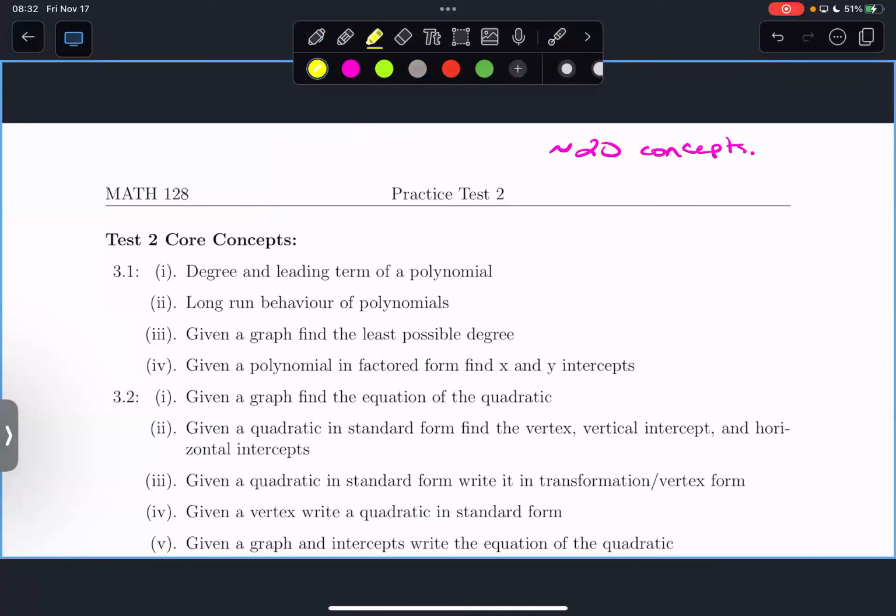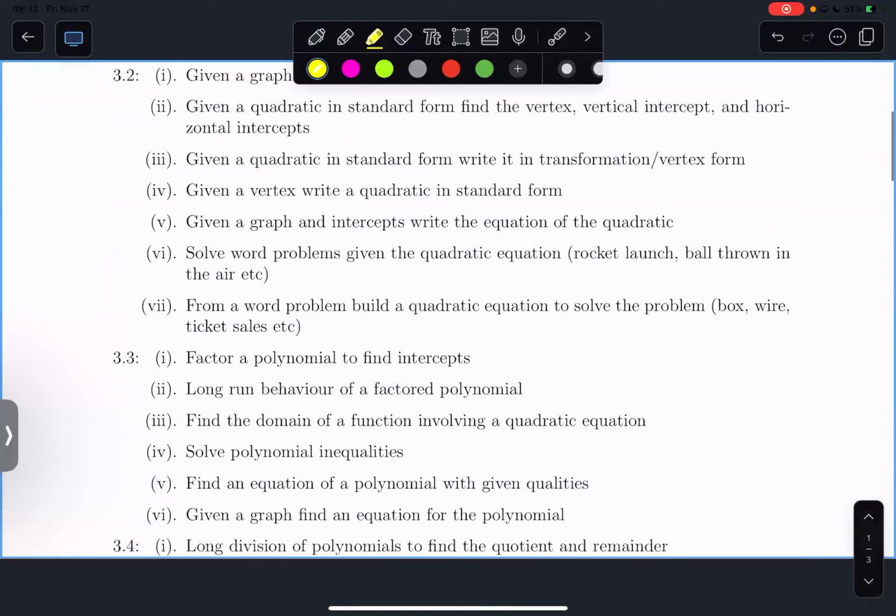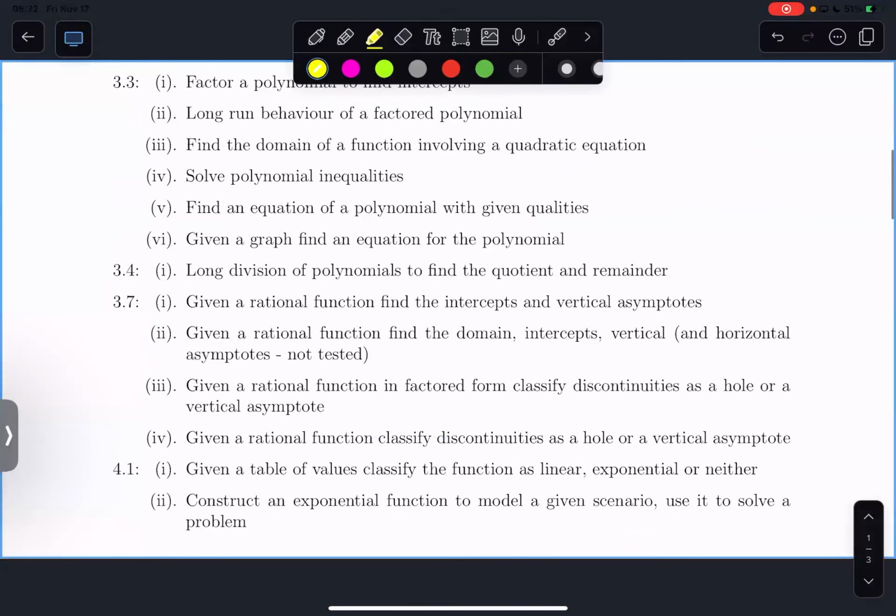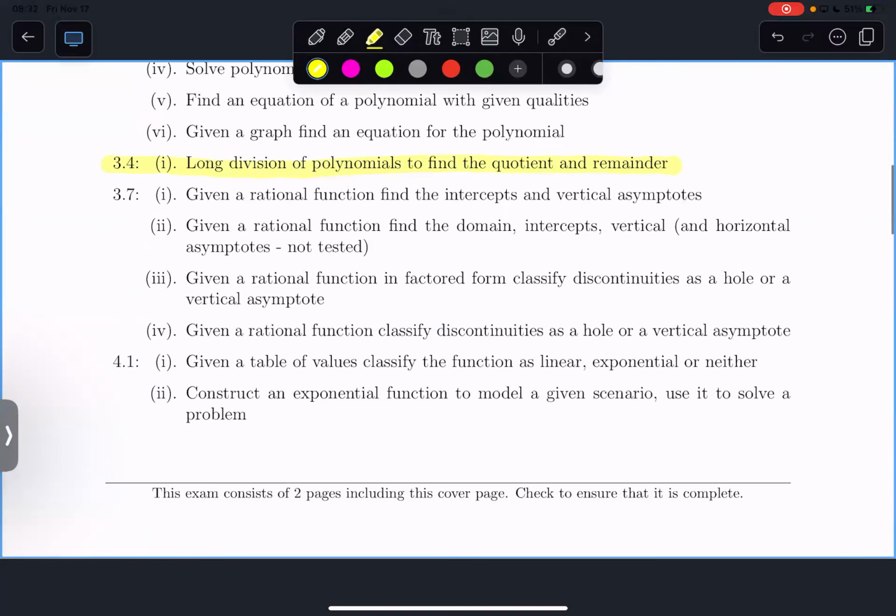There are a few kind of must-haves, but I obviously can't test you on all these things. So what are the must-haves? Well, 3.4, long division of polynomials to find the quotient and remainder. That's a must-have because that's the only thing we did in 3.4. What's another one?